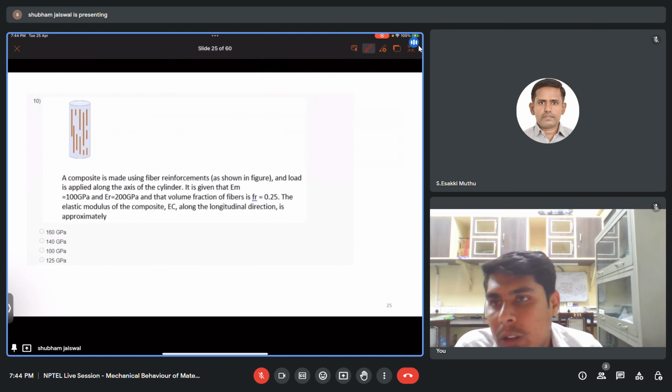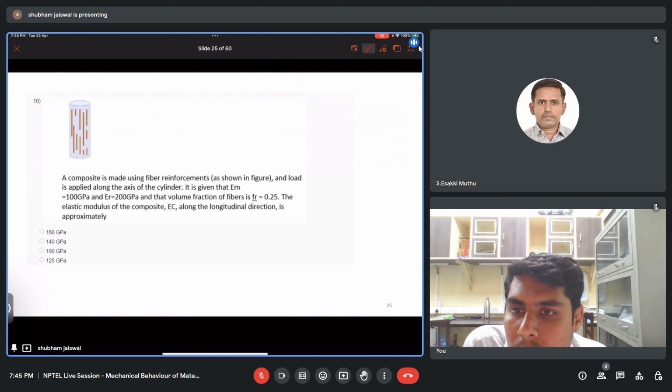Now moving towards the next question. A composite is made using fiber reinforcement and a load is applied along the axis of a cylinder. They have given the values of Young's modulus of the matrix and reinforcement, and the volume fractions, and they are asking us to calculate the Young's modulus of the composite in the longitudinal direction.